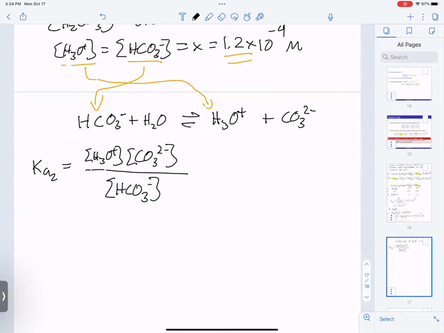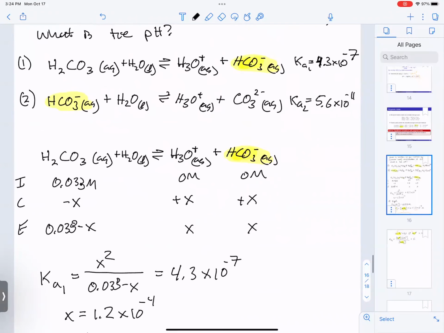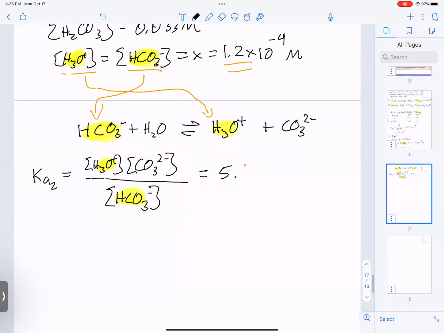We've got an unknown value because both of these, H3O plus, HCO3 minus, we've solved. We know what our Ka2 is. Our Ka2 was 6 point, actually, what was that? 6.5, yeah, times 10 to the minus 11. Okay, so we can plug in those values.